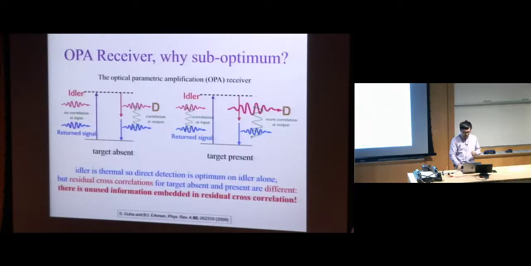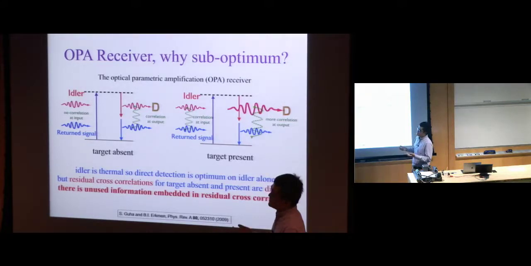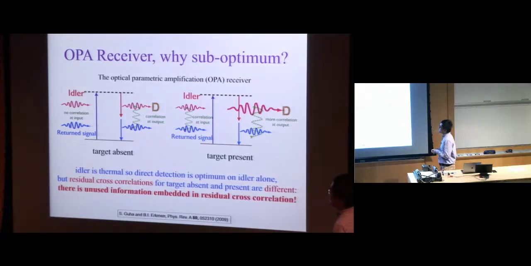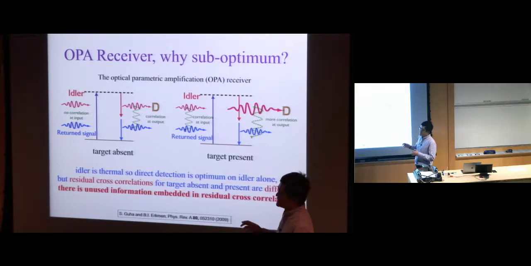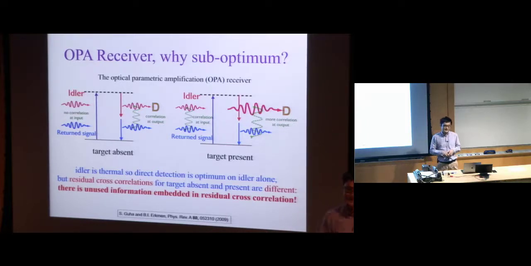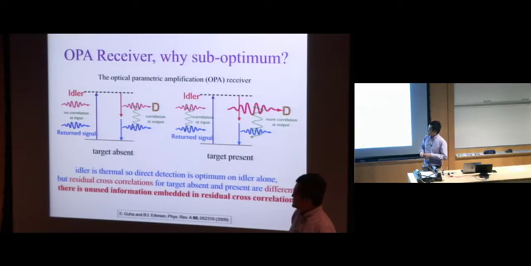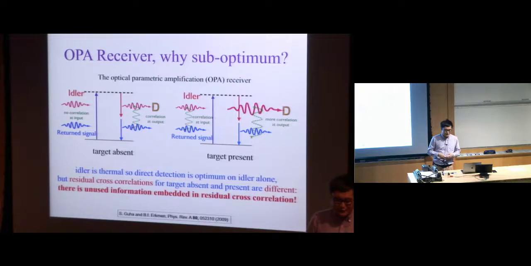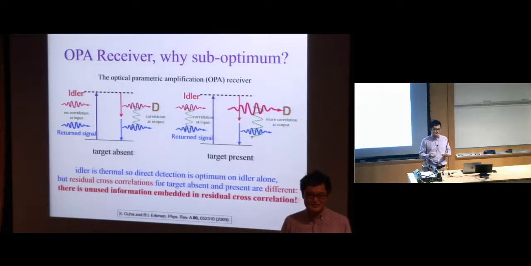So now we have talked about this OPA receiver, which was proposed by Saikat and colleagues. It's a very nice scheme because it's experimentally very feasible, as we have already built this experiment, but unfortunately, it does not saturate the ultimate quantum limit. From quantum estimation theory, you can derive that the ultimate performance gain for quantum illumination is 6 dB superior to classical illumination.